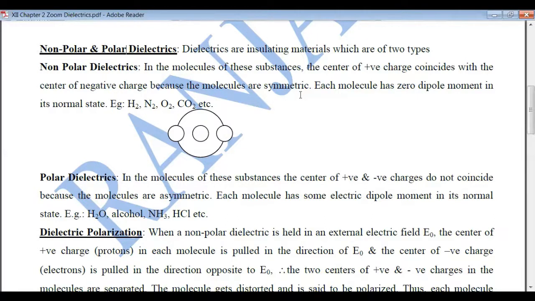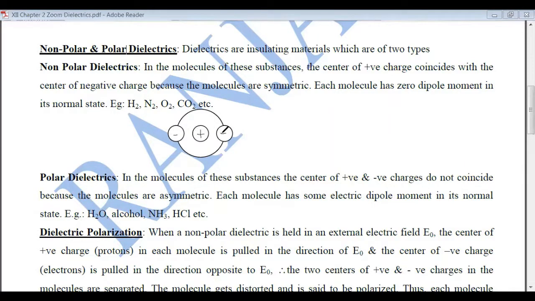So as the center of positive and negative charge are coinciding, what is the dipole moment? Dipole moment is zero in its normal state, and such a molecule is called a non-polar dielectric molecule. Let here this be the positive charge and the negative charges are here.